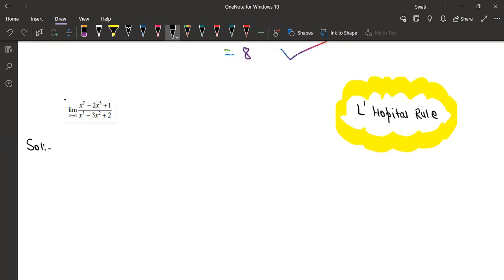So let us first differentiate one time and check whether we are getting the 0 by 0 form or not. So limit x tends to 1. Using L'Hospital rule, of course, you can write it. I have written it over here. So the derivative of x raised to 7 will become 7x raised to 6. How? Let's understand. The derivative of x raised to n has a formula n into x raised to n minus 1, right?